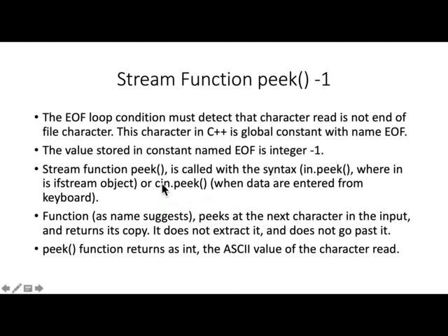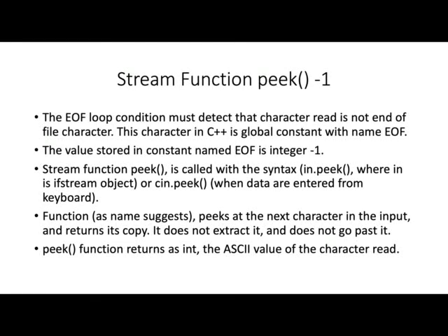So there's a stream function called peek, and it's called with the syntax in.peek, where in is an ifstream object, or you can do cin.peek when data are entered from the keyboard. And the function, as the name suggests, peeks at the next character in the input and returns its copy. So it doesn't go past it, it doesn't actually read it. It looks at it and returns its copy, but it doesn't extract it, okay?